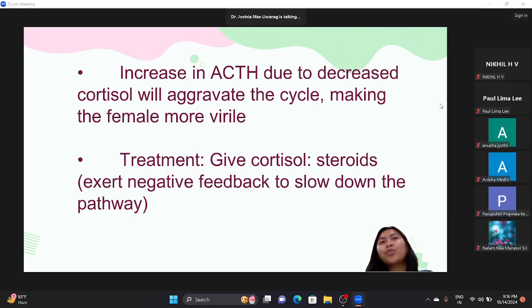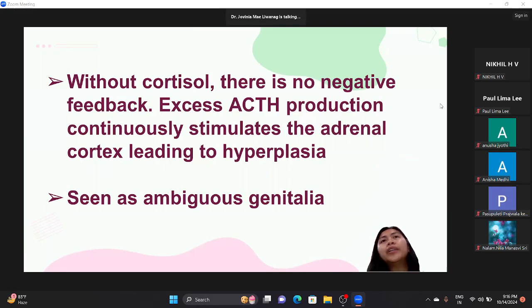How do we treat it? We give cortisol or steroids so that it will exert the negative feedback to slow down the pathway. Without cortisol, there's no negative feedback, so there will be continuous excess ACTH production that stimulates the adrenal cortex, leading to hyperplasia. That's why we will see ambiguous genitalia.